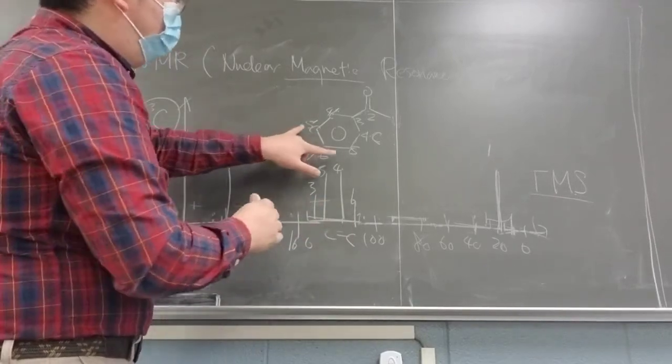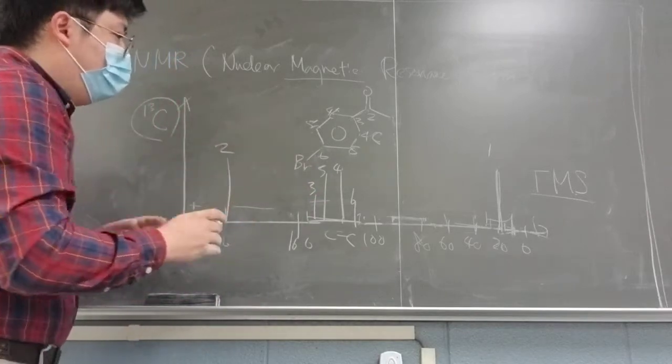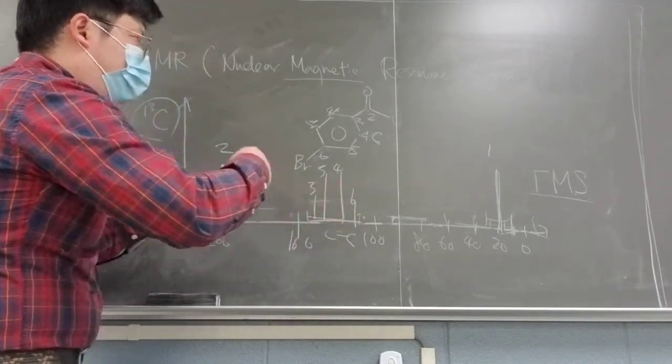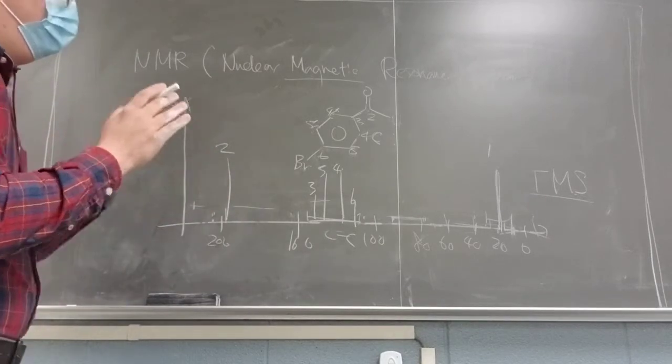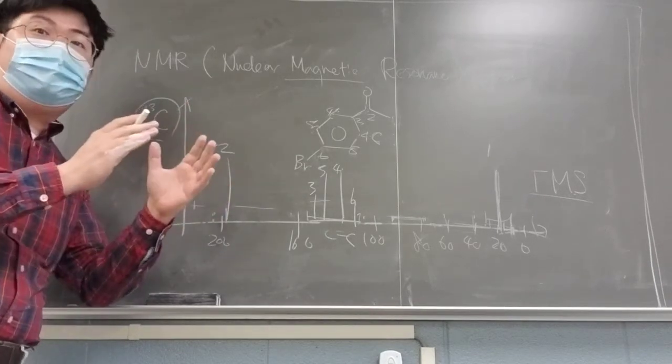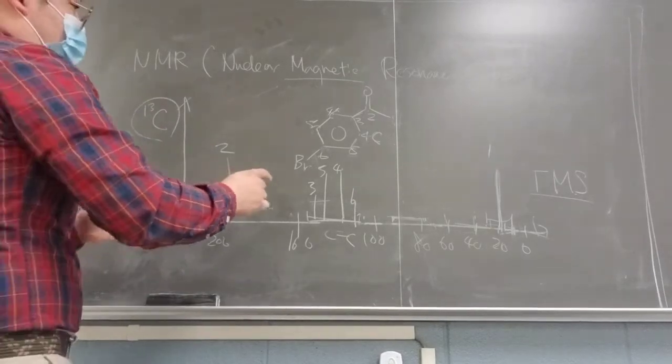because, as you can see, there are actually 2 signals overlapped there. But interestingly, those are not the same size though. This is just the nature of carbon-13. That is also the part that is different from the proton NMR that we're going to do next week. So just keep that in mind.